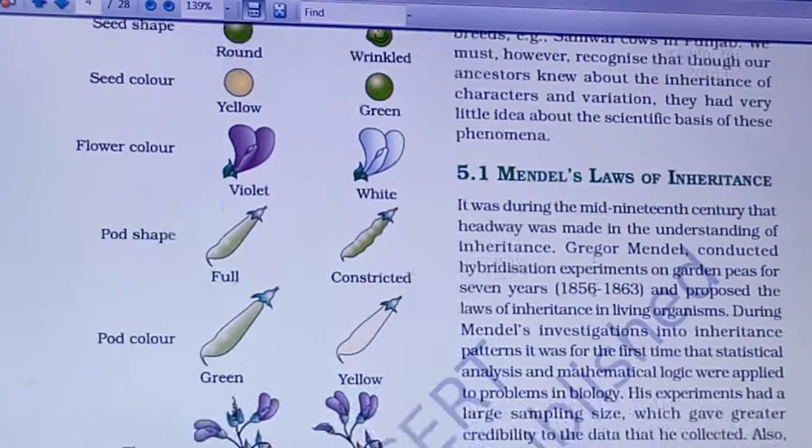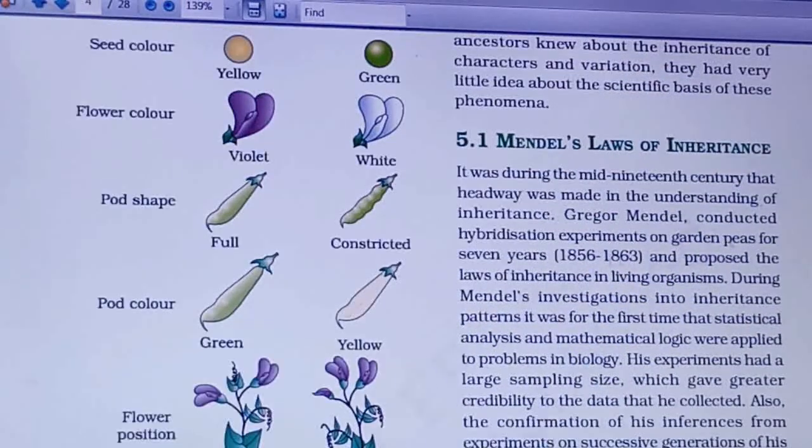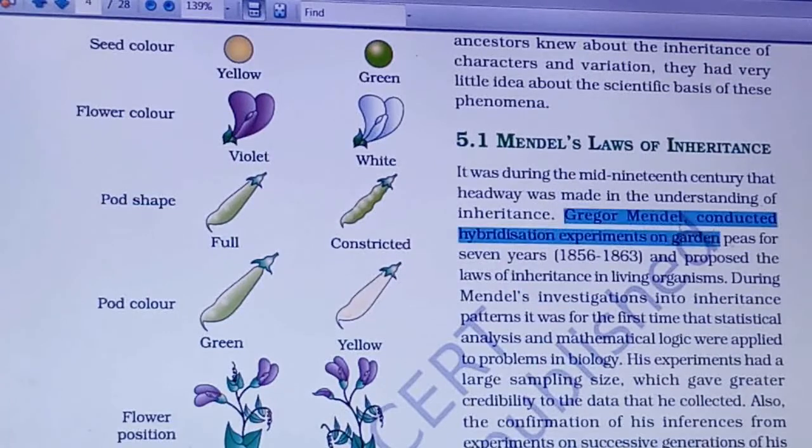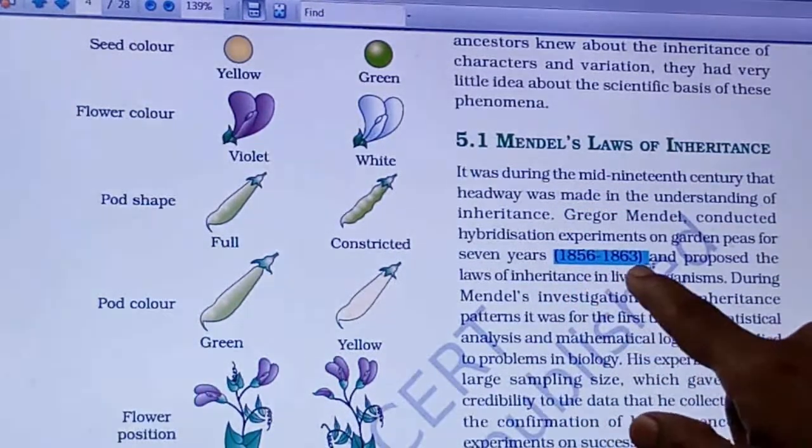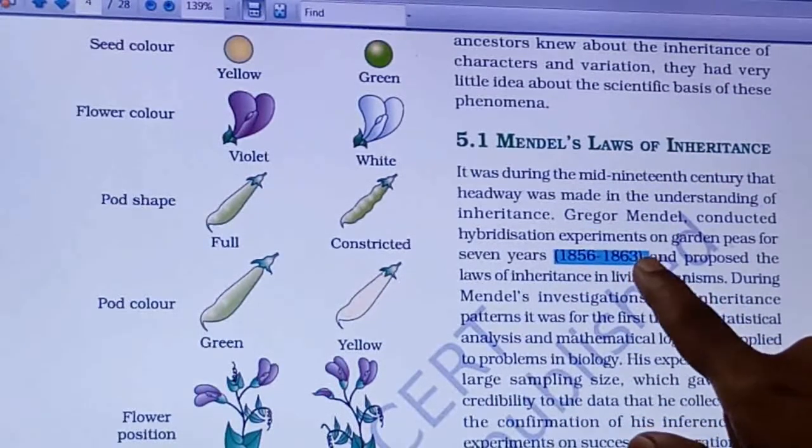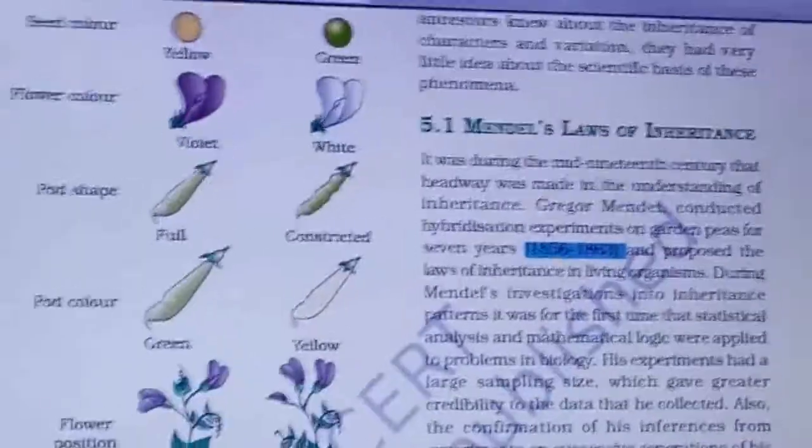Now Mendel, on which plant he conducted experiments, this question will be asked. You can see here George Mendel, hybridization experiment conducted on the garden pea plant. The year is 1856 to 1863. The time period will also be asked, right?